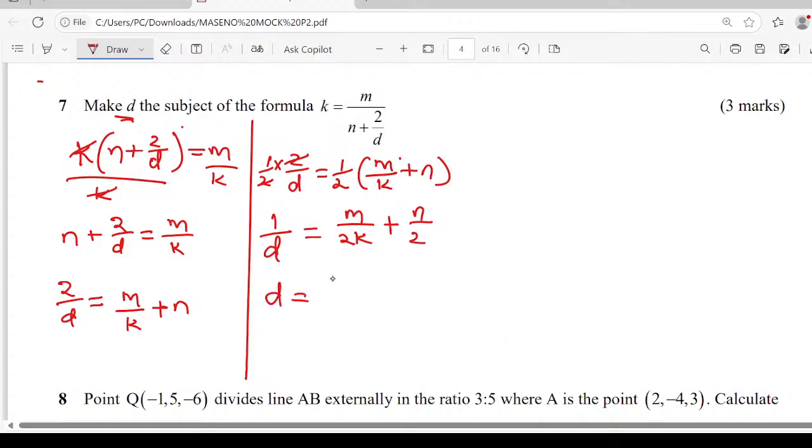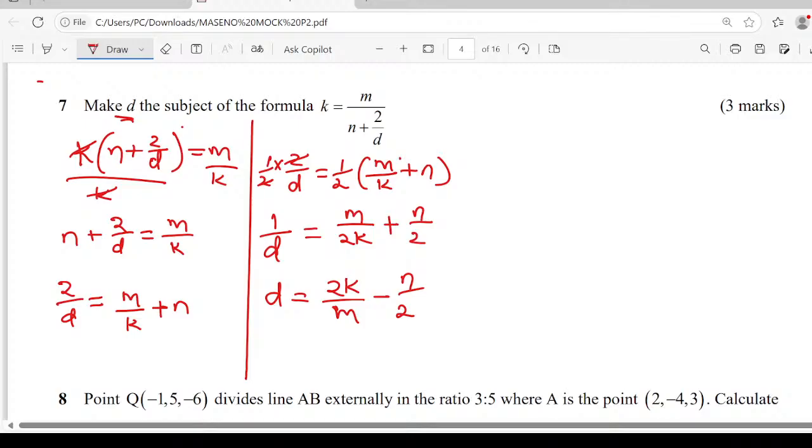I'm going to have 2k over m, sorry, my pen is not writing, 2k over m plus the reciprocal of this one, which is now going to be n over 2.